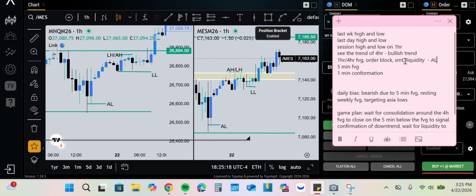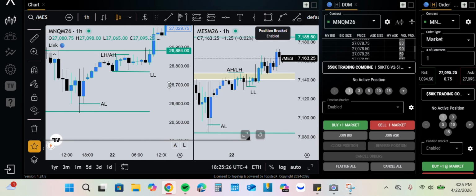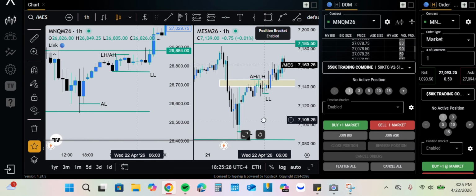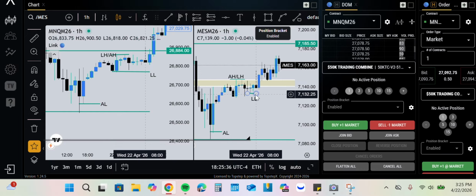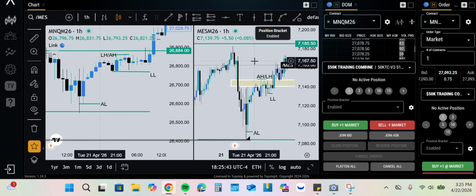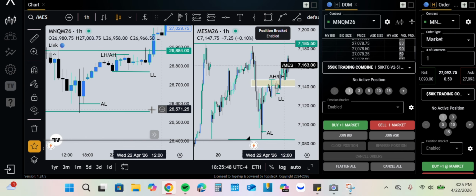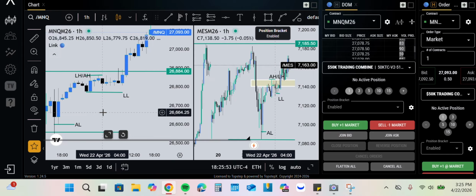Our liquidity is still staying at Asia lows, and our liquidity to the upside was if the market, when the market opened, it was just kind of consolidating in this fair value gap. And I said to myself, if the market breaks through this fair value gap, where is it going to go? Well, we're almost at all-time highs here, right? And all-time highs on MNQ was just past London high and Asia high.